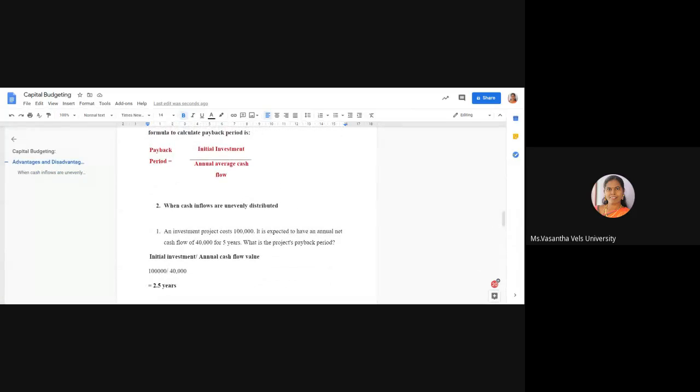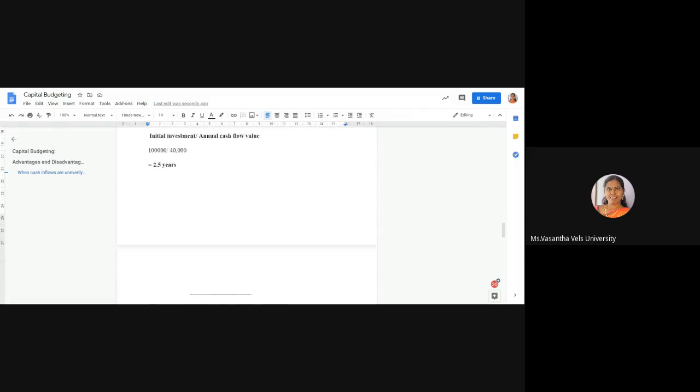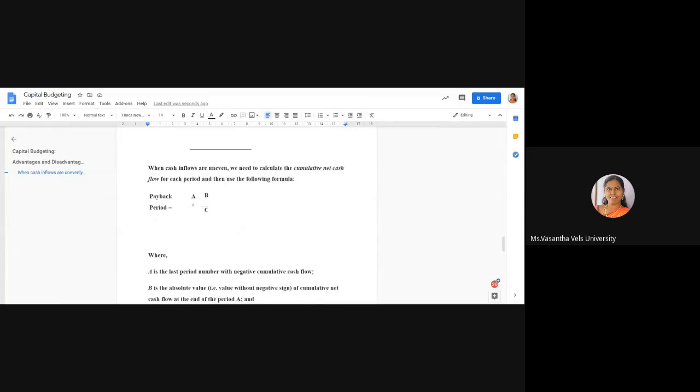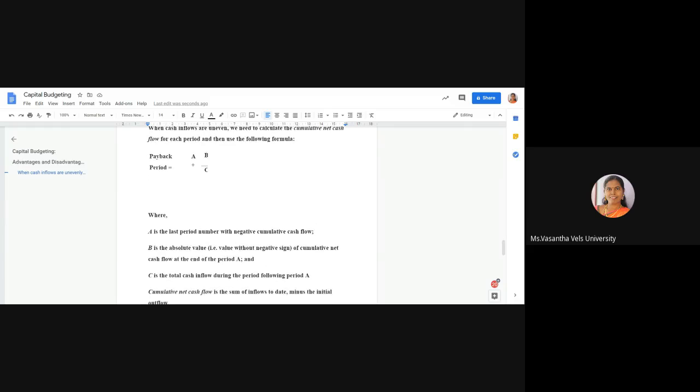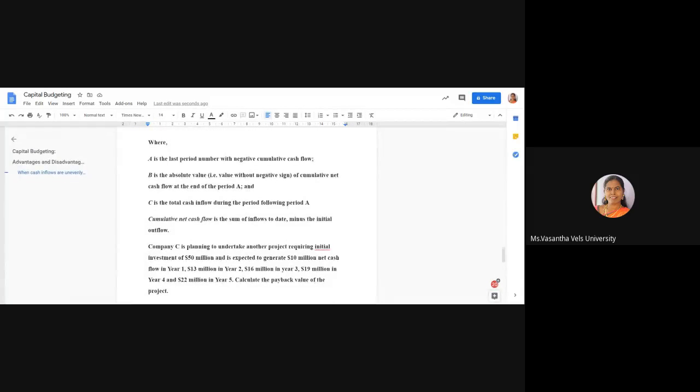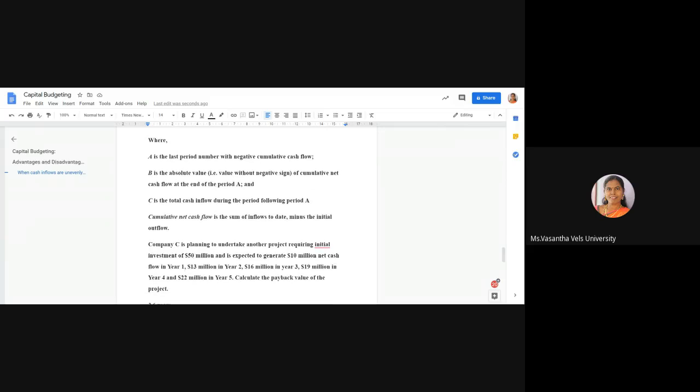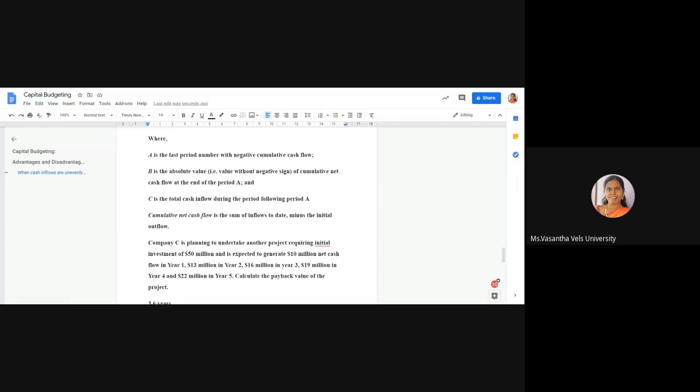When cash inflows are unevenly distributed, take down the formula. With the help of the problem, I will explain the formula.